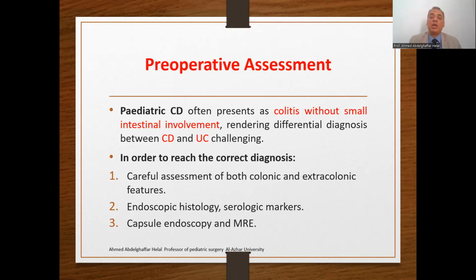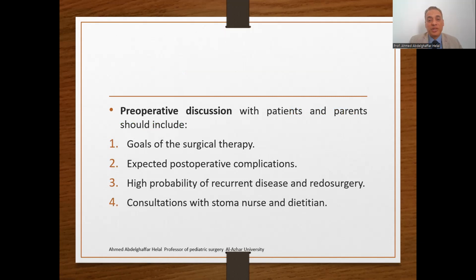It's very important to try to reach the diagnosis. The preoperative discussions, as with ulcerative colitis, should include the goals of the surgical therapy, expected complications, the high probability of recurrent disease, and redo stoma care.